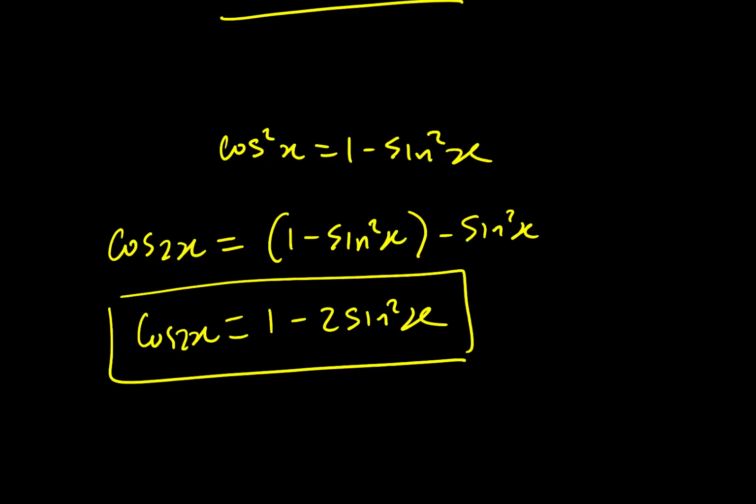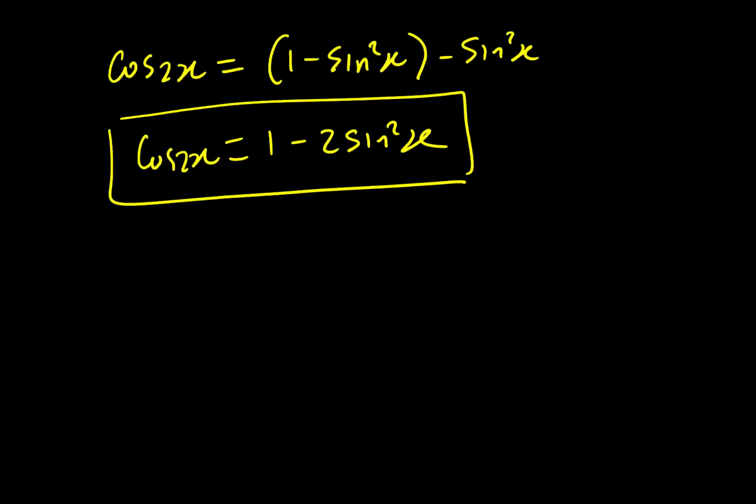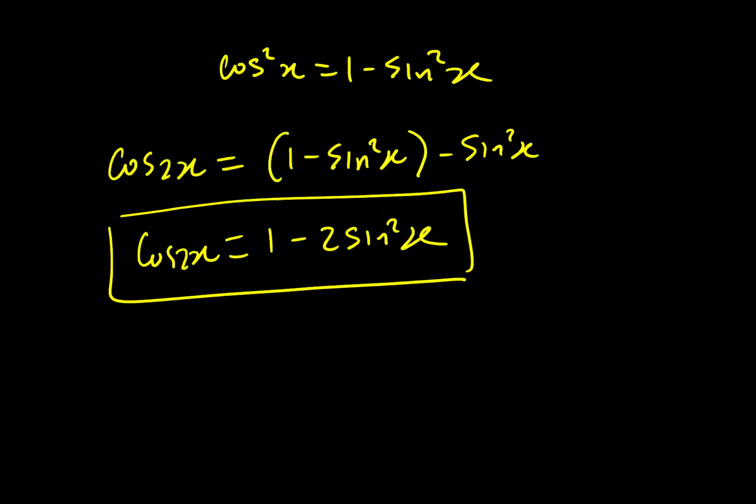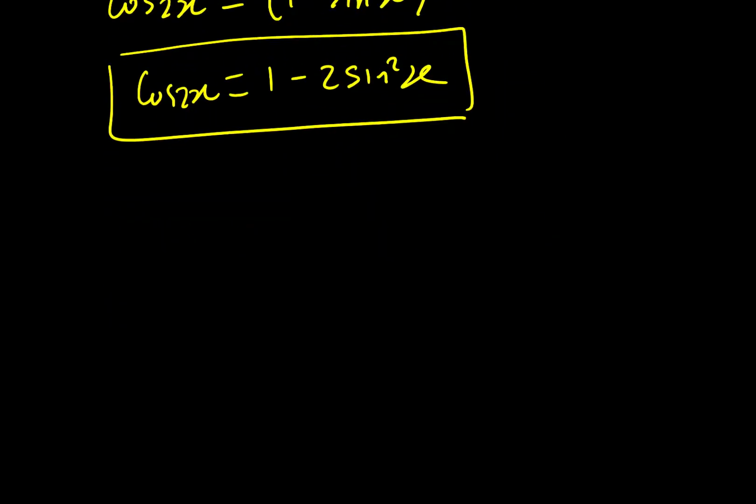How about we do one more example that can actually make some sense? Example 3. Find sine 7 pi over 6. We need to calculate the value of sine 7 pi over 6.